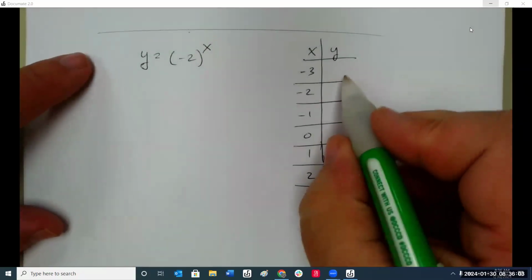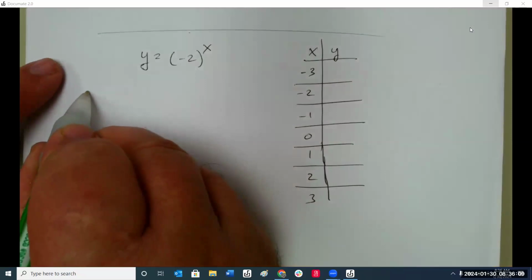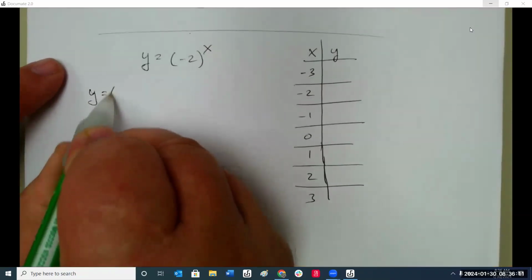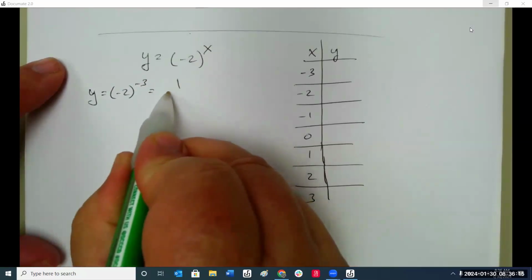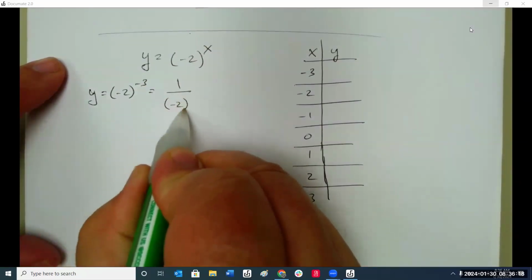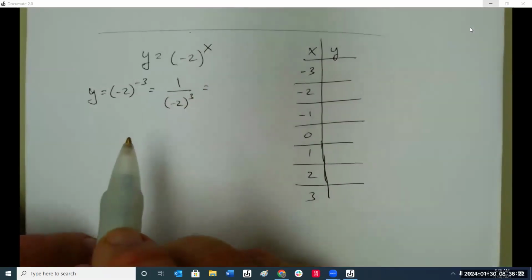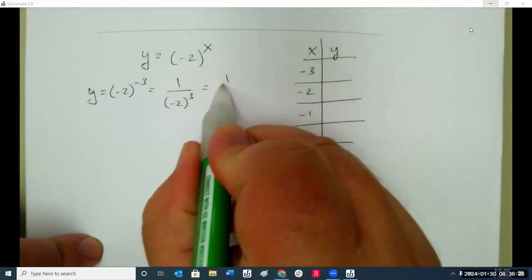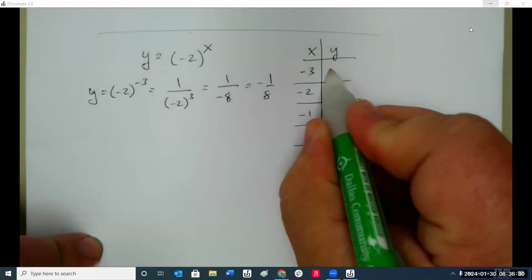So when x is -3, what do we get? We would get 1 over -2 cubed. What is -2 cubed? Right, so it's 1 over -8, which is -1/8.